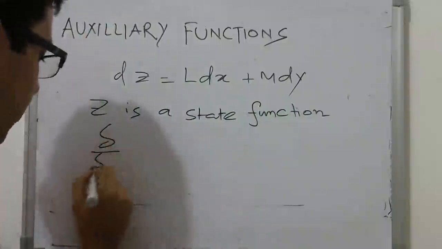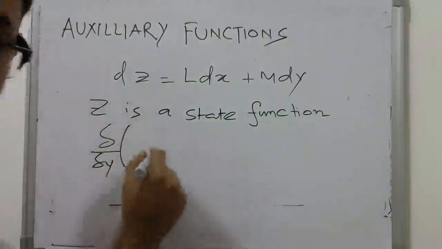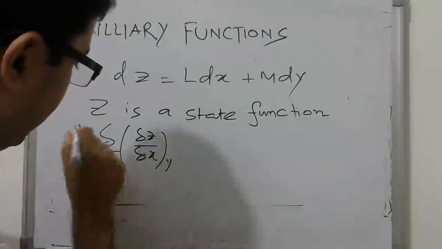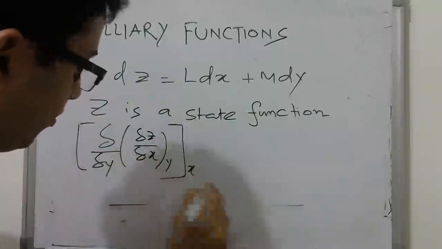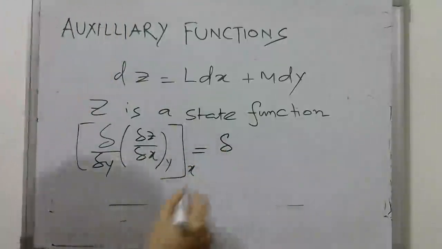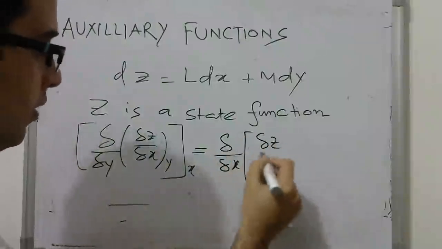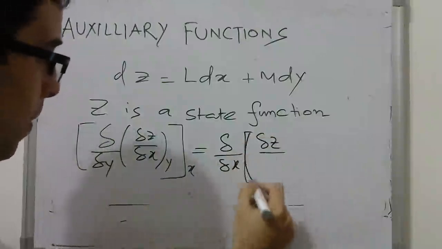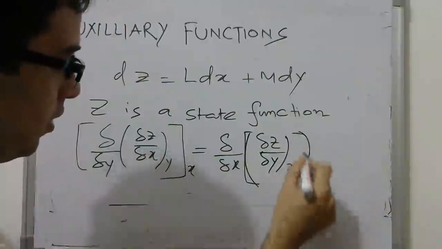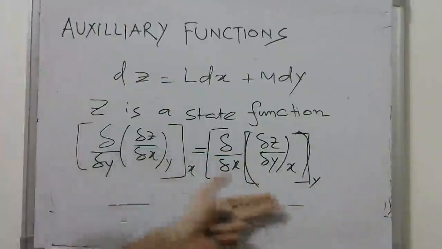We write del del y of del z del x at constant y, at constant x, is equal to del del x of del z del y at constant x, at constant y.